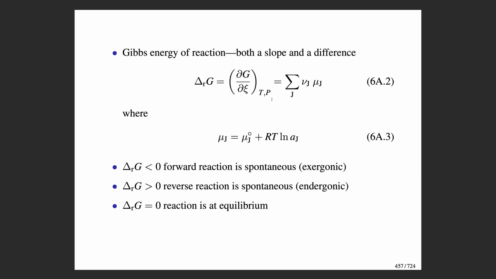And so here's the formal definition of the Gibbs energy of reaction. It's formally a partial derivative of the Gibbs energy for the system with respect to the extent of reaction at constant temperature and pressure.